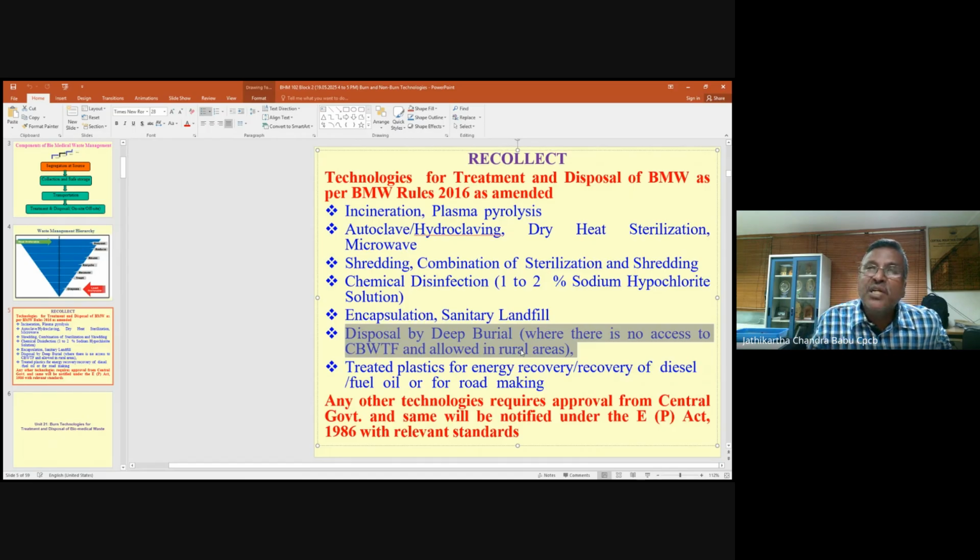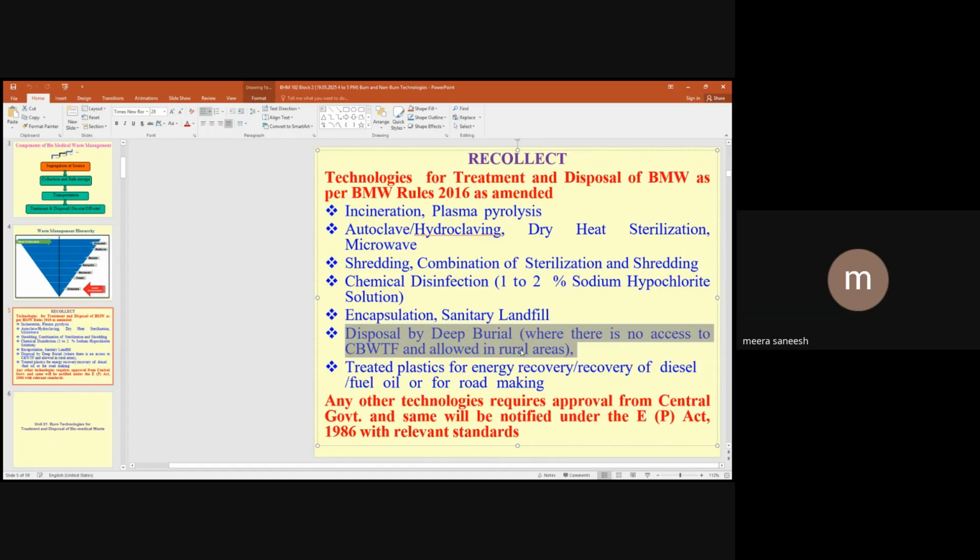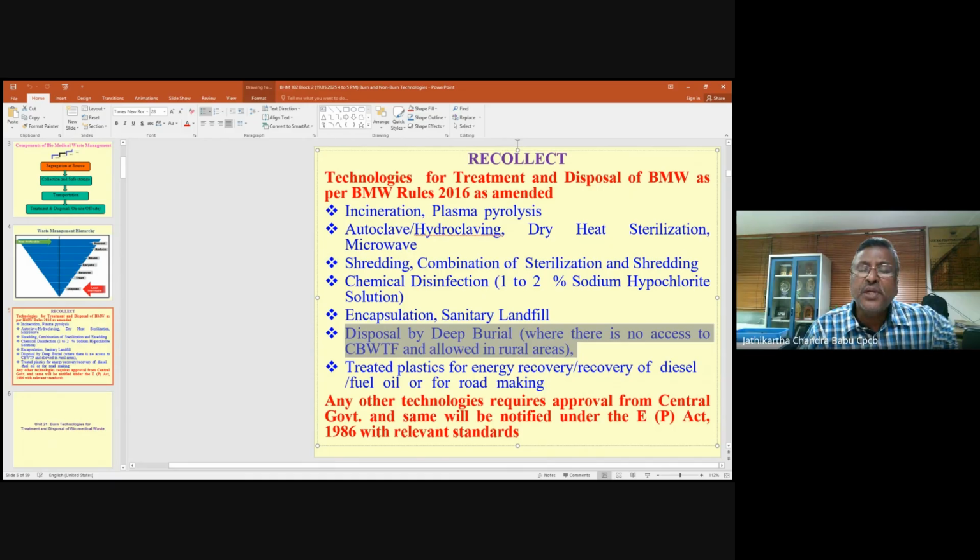What percentage of sodium hypochlorite solution do we have to use as a chemical disinfectant? Can anybody say? 1 to 2% sodium hypochlorite solution. What should be the percentage of chlorine in that?